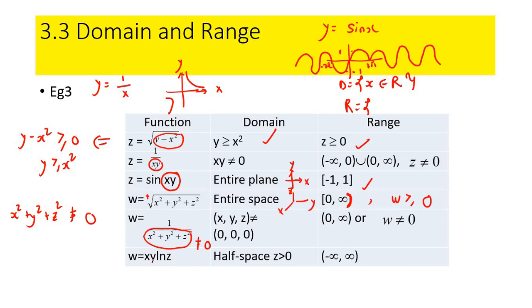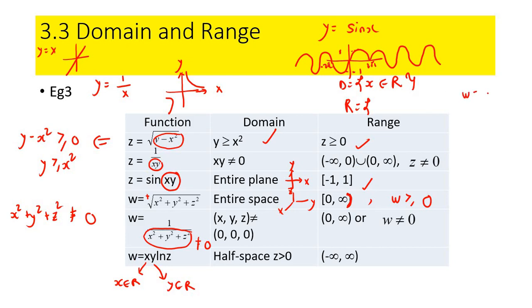w equal to xy ln z. Okay, you can break it. When you look at w equal to x, it is similar to y equal to x, right? Linear, so x takes all values, so x is a real number. y is also a real number, because you break it, w equal to y.